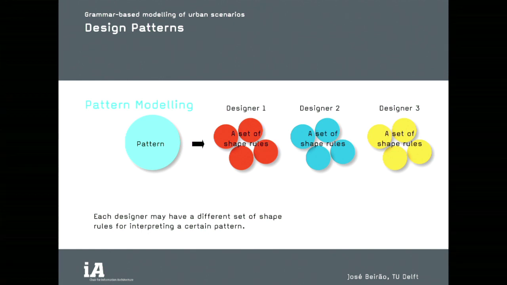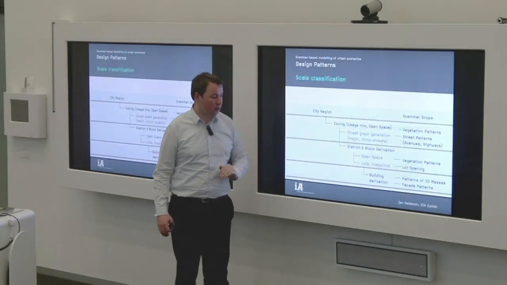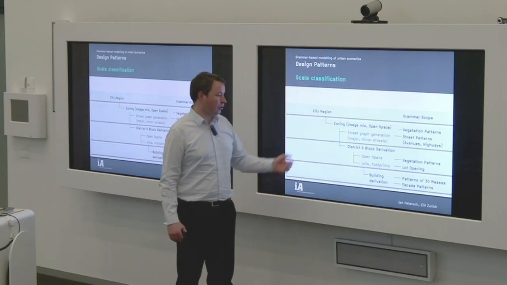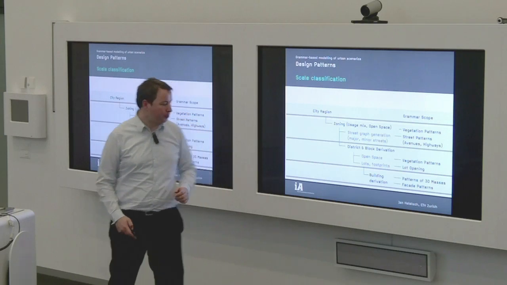You can even say you could have different variations of it that come from different architects and designers, and you can mix them together. So it allows a lot of flexibility here. To do so, you need to find out what are the most specific scales that you're using. So for instance, you have a regional scale, you have a block scale, and you have the single building in the end.